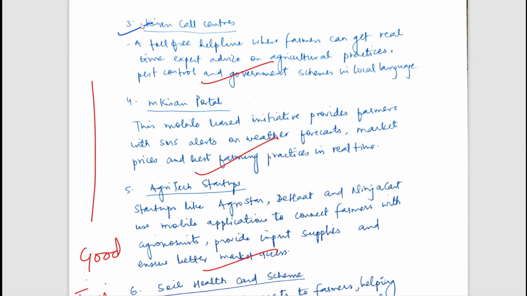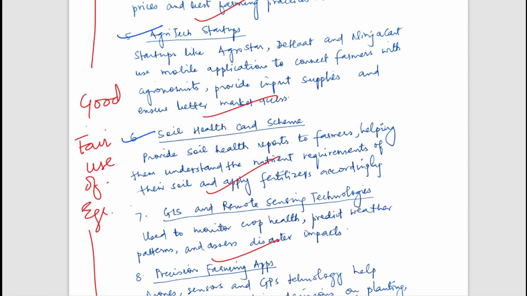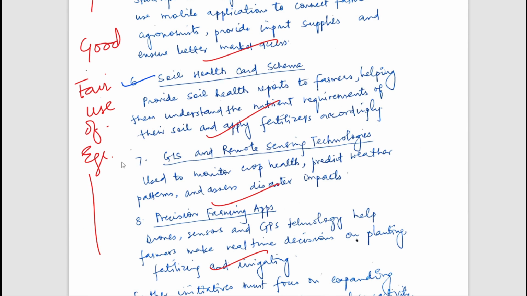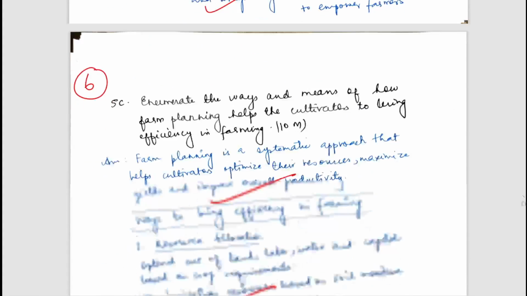Kisan call centers are there, and Kisan portal is there. Agri-tech startups are there. We have soil health card scheme. So fairly written answer, examples have been well used. GIS and remote sensing are there. Precision farming apps are there. So fairly written answer. You can simply pause and read it.